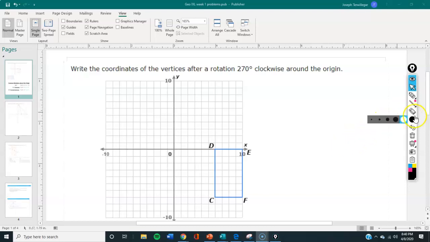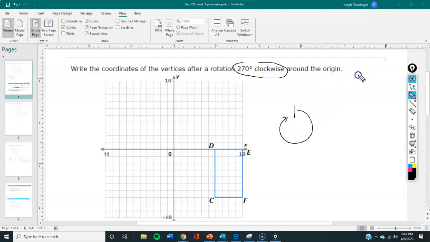Alright, first one, rotations. I should have probably listed the skills, but this one's about rotations. Rotate this beast 270 degrees clockwise. Now think about this. Clockwise is this way, right?